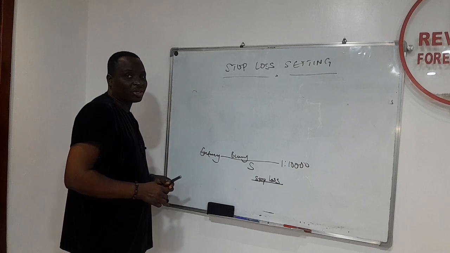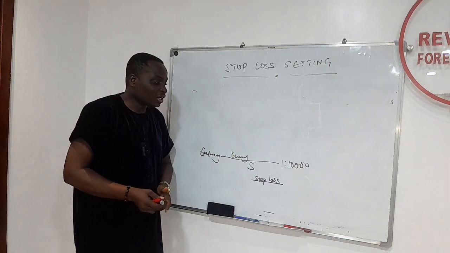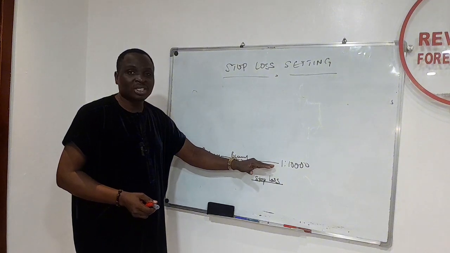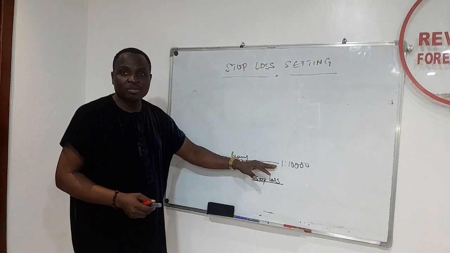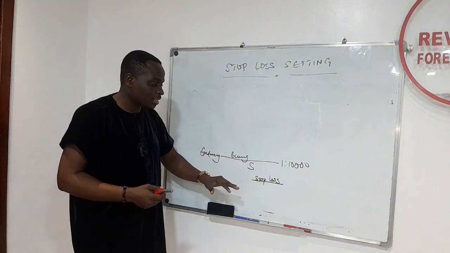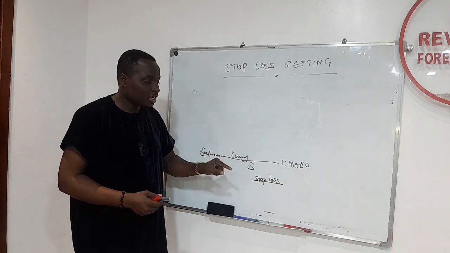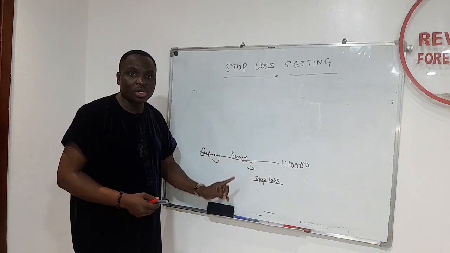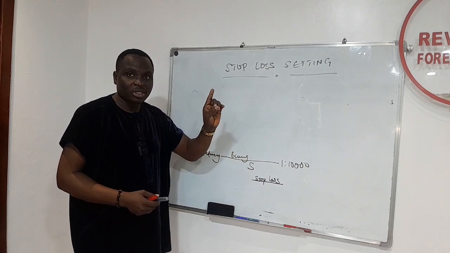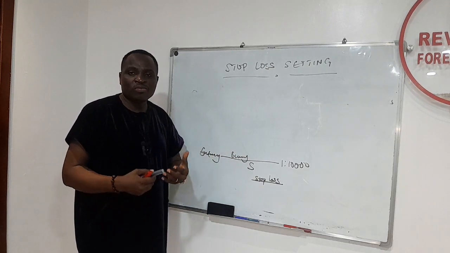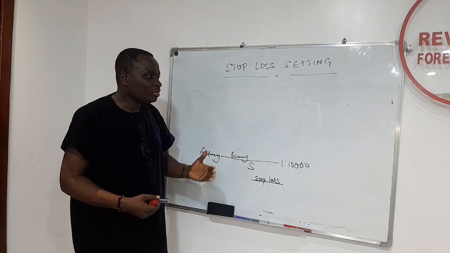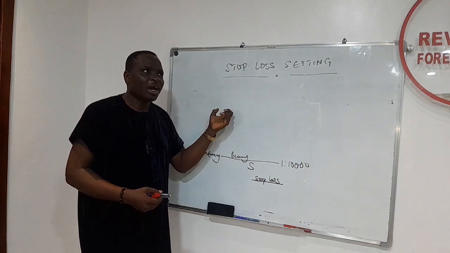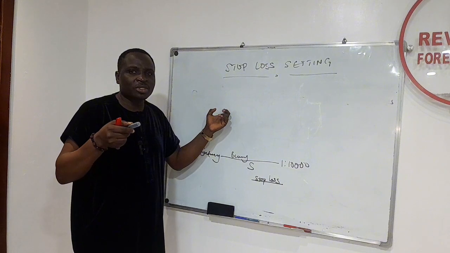But in order not to lose money, some people will use a tight stop loss. If your stop loss is just 10, 15 pips, 20 pips, there is a high tendency that the market is going to hit your stop loss for breakfast. And after hitting it, you will see the market start going your way. So be confident enough. I will encourage us to visit our YouTube to learn about position sizing.